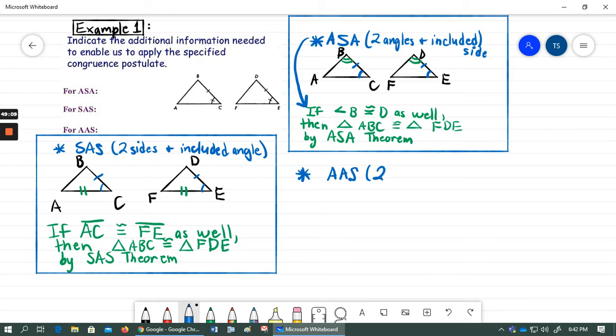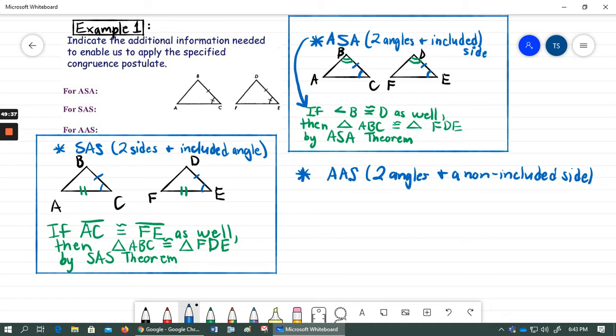Two angles and a non-included side. Okay, that is not an ampersand, but we're going to try that again. And, that looks better. And a non-included side. Ooh, that is not included. There we go, non-included. And a non-included side.